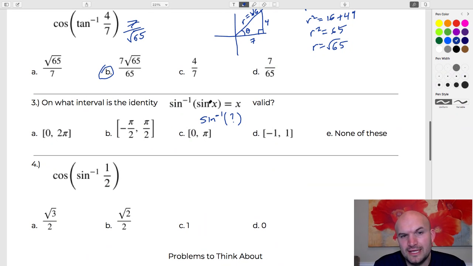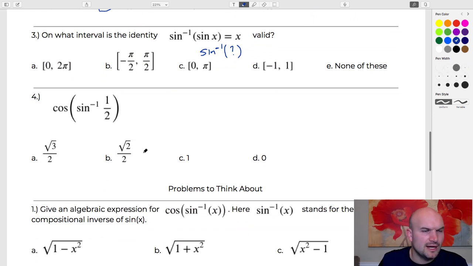Sine of x is going to give you some values anywhere. But the important thing is that the sine inverse needs to be between, you know what? I had my perfect definition here. I'm going to come back to that for a second.